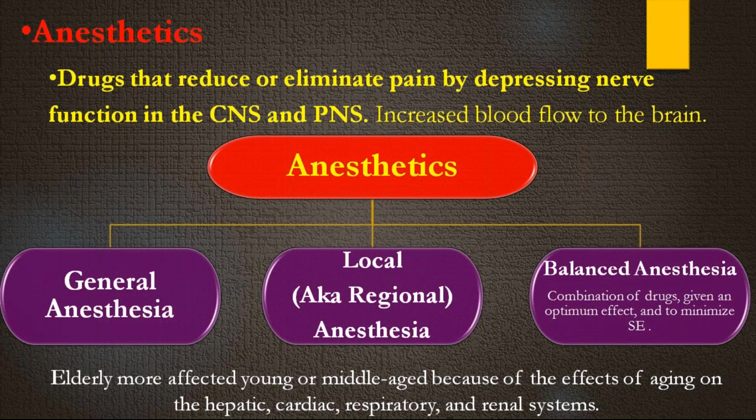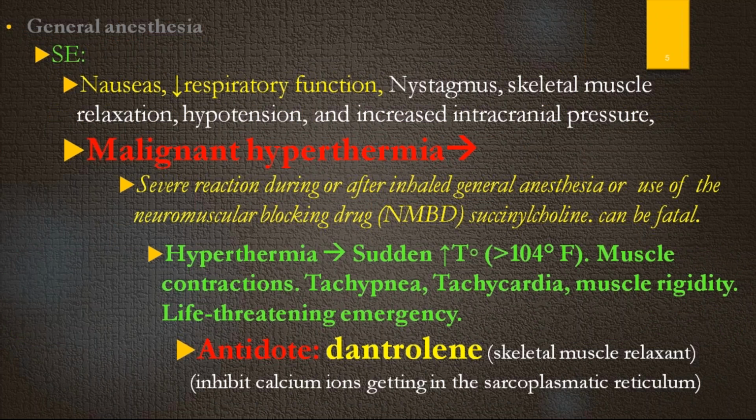If you have malignant hyperthermia, what can happen? It can actually cause seizures, coma, and can produce death. Okay, so that is about the anesthetics. If you see here, we have the description: sudden increase of temperature, muscle contraction, tachypnea.